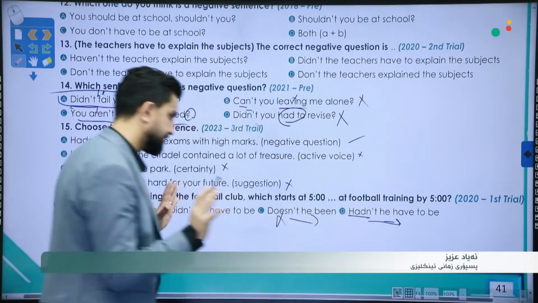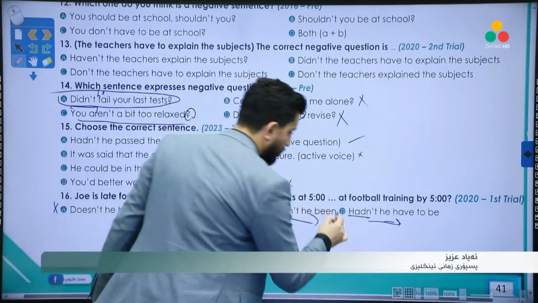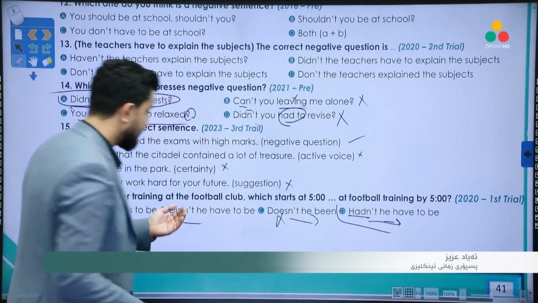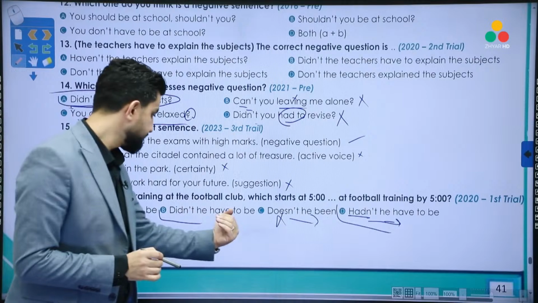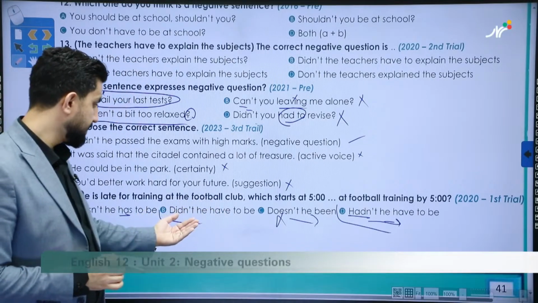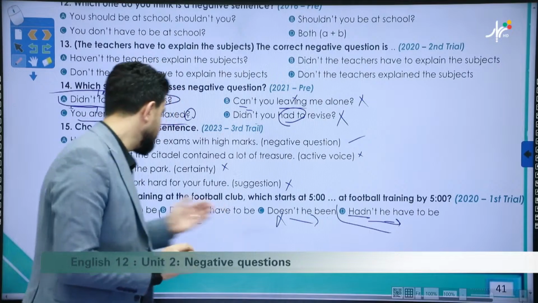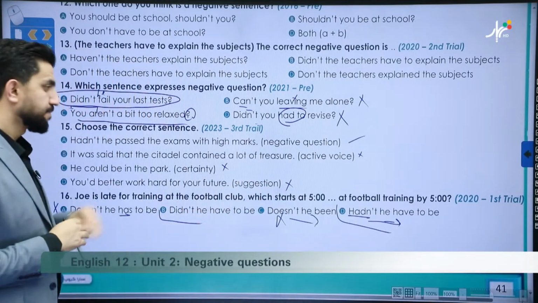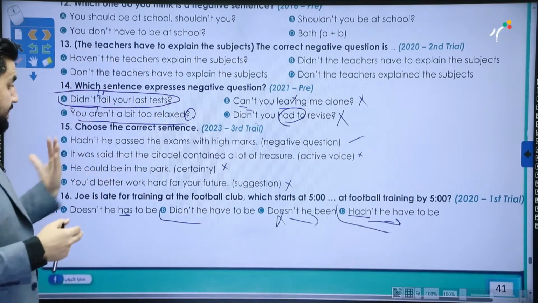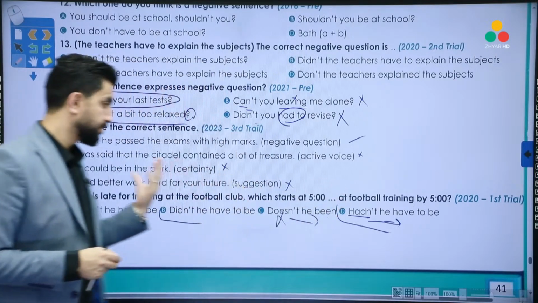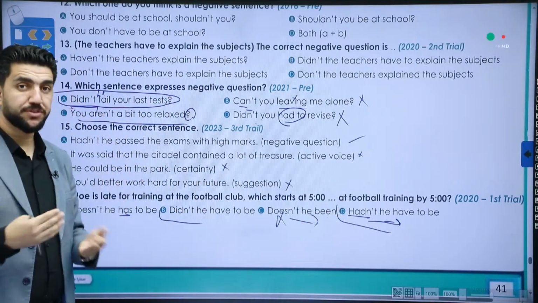Okay, wait a minute. This time, these two are correct, right? Didn't he have to be? And hadn't he have to be? These two are both correct, right? Do you think these two are both correct?